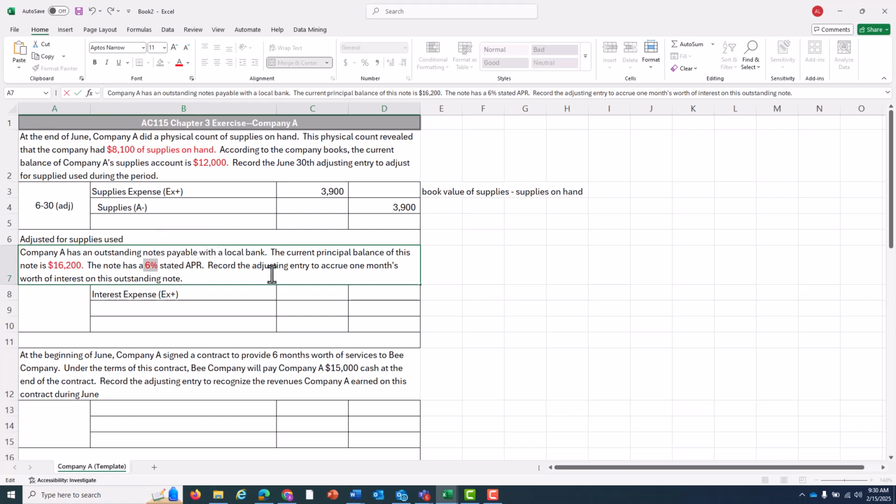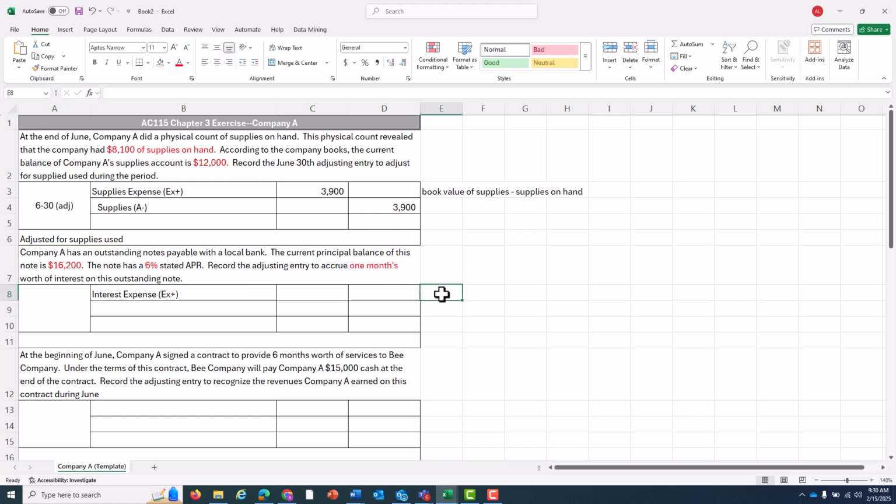So we agreed to pay 6% interest every year on this loan. We also need to know time, how many periods we are adjusting for, and we are adjusting for 1 month. So using that formula, it's going to be principal times rate times time. Let's fill in our inputs. This would be equal to the $16,200 principal balance of the loan times the stated rate that we agreed to, which we found was 6%, times time.